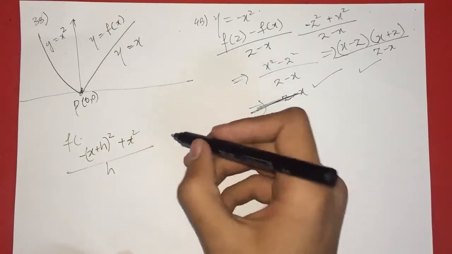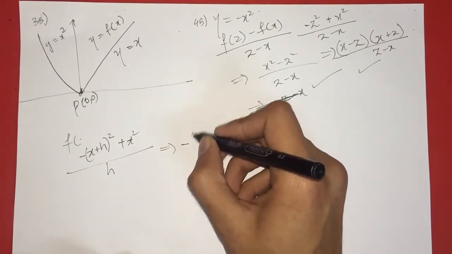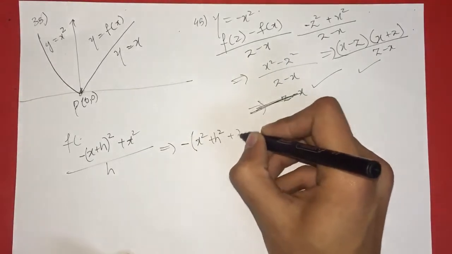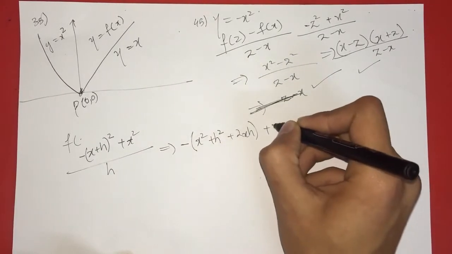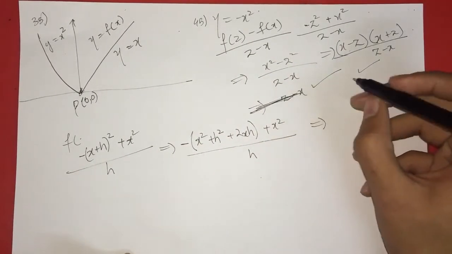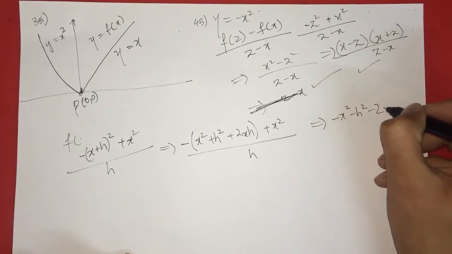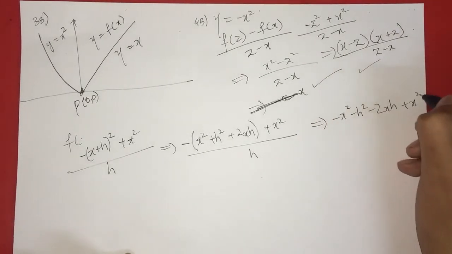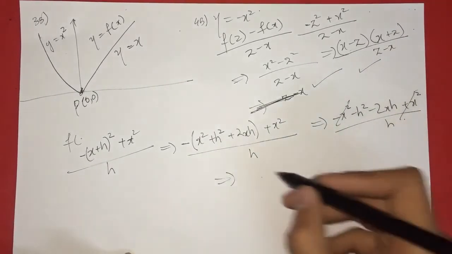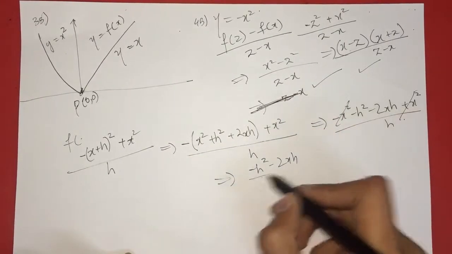So that will be minus x square plus h square plus 2xh, plus x square, divided by h. This is minus x square minus h square minus 2xh plus x square. So this x square cancels out. You get minus h square minus 2xh divided by h.